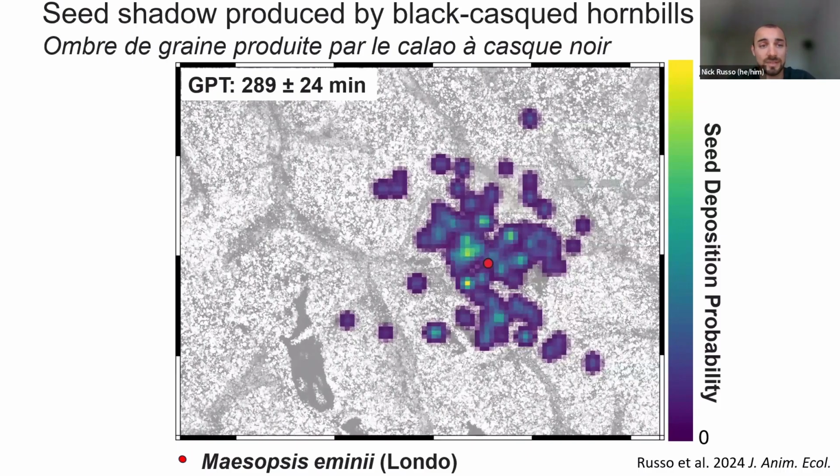The gut passage time, or GPT, in this image is about 289 minutes, give or take. And what you can already see is that seeds can disperse far from the parent crown and towards areas of greater canopy height.